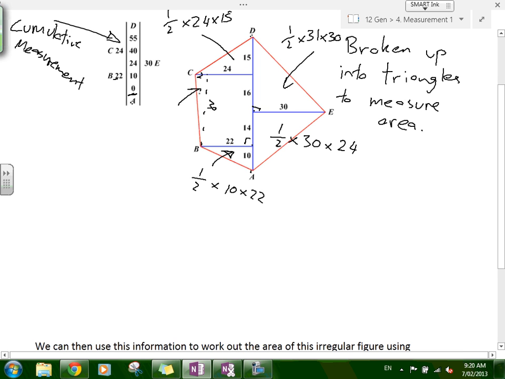This little triangle in here is half times 2 times 30, and then this is just 30 by 22. Okay, so if we add those up, we can get the result. Any questions about how I got all these figures? Breaking it up into triangles and vertices. Alright. So if you can work it out.